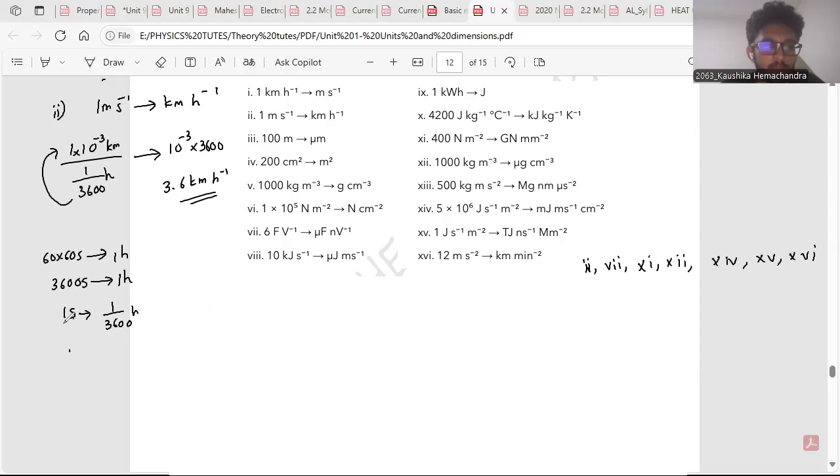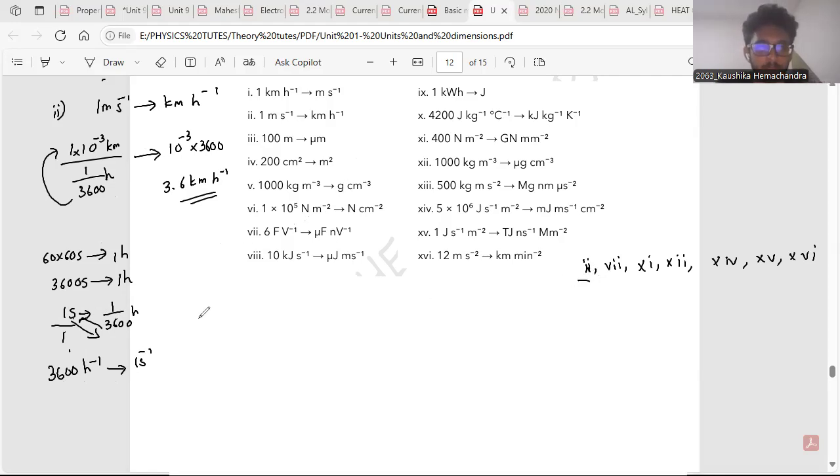You can cross multiply this: 1 second comes down, 3600 goes up. Substitute directly 10 to the power minus 3 kilometers into 3600 per hour. Right, that's the second one.